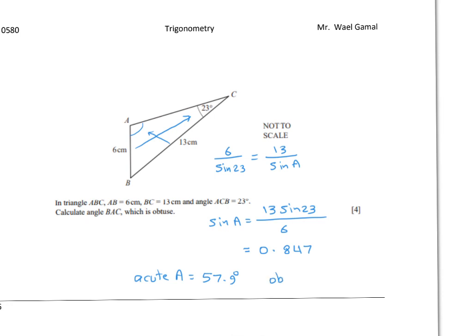So the obtuse one is 180 minus 57.9. So 122.1. Okay. In the sine rule, we know why we have to subtract from 180.